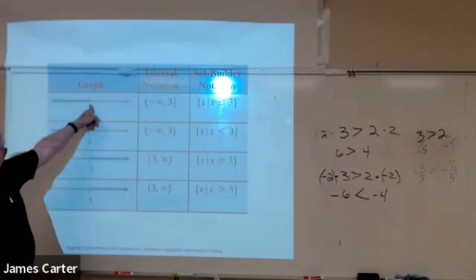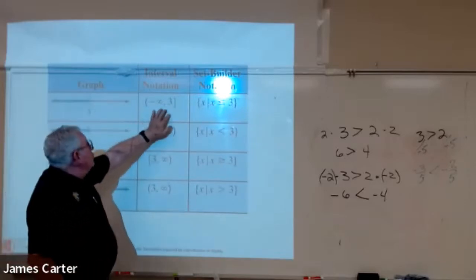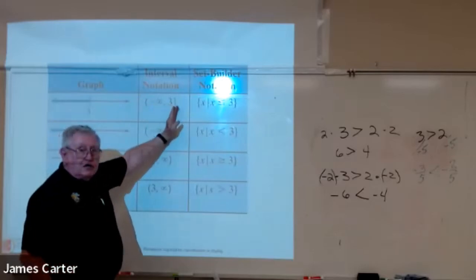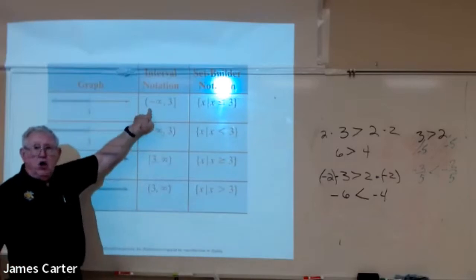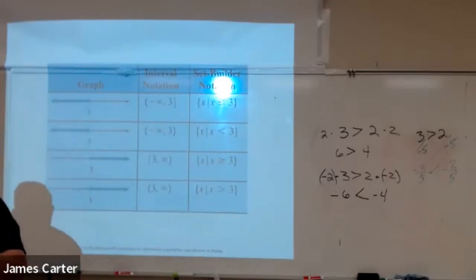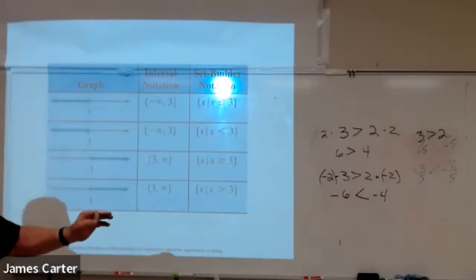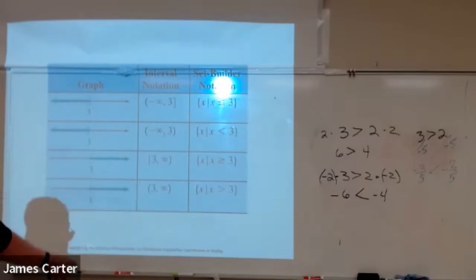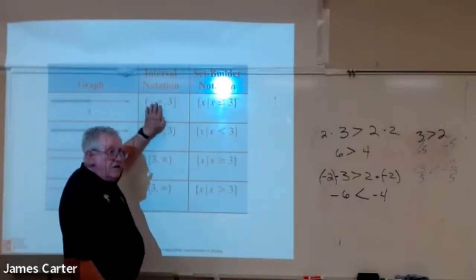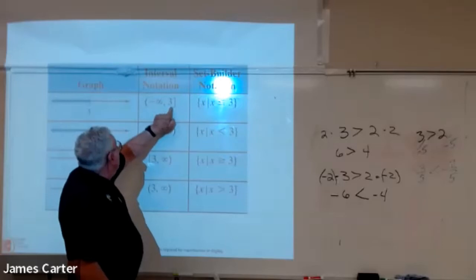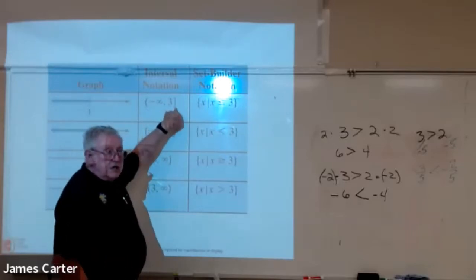But it has an inclusive stopping point at 3. In interval notation, again, we read left to right. We start at negative infinity. And infinity is always non-inclusive because you can never find infinity. There's always one more, and one more, and one more. But it goes from wherever negative infinity is all the way to 3 inclusive.